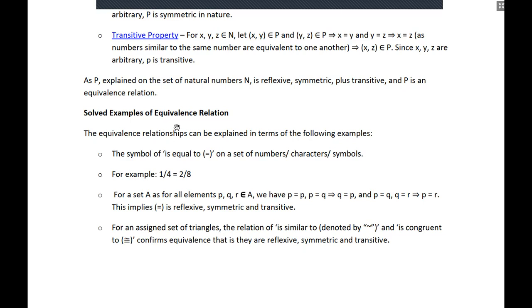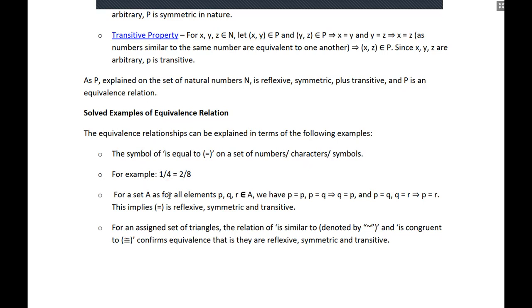Here are some short examples of the equivalence relation. The equivalence relation can be explained in terms of the following examples. The symbol of equality, denoted symbolically in this way, on the set of numbers. For example, 1 over 4 is equal to 2 over 4.